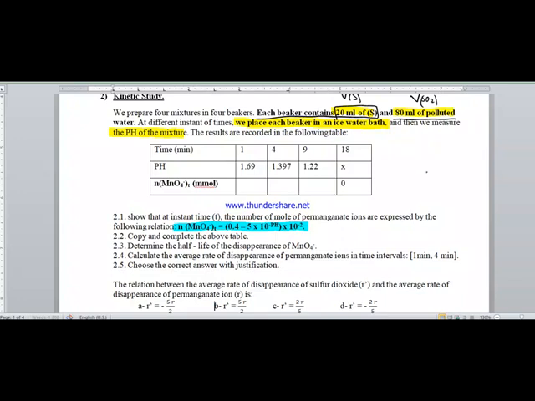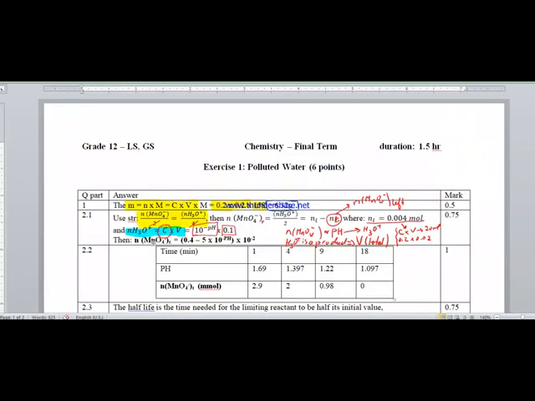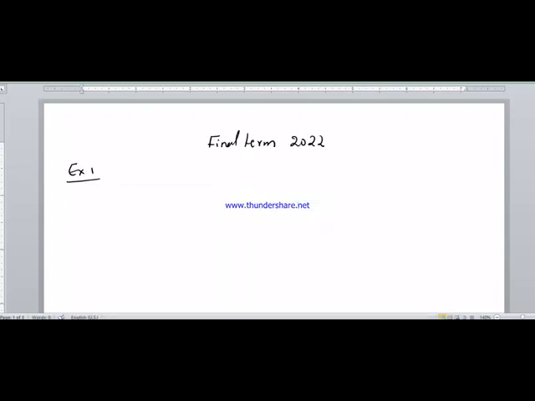Here we obtain the V total for the H3O plus ion that is produced at an instant time. 20 plus 80 is equal to 100 milliliter, which is equal to 0.1 liter. So we replace the volume. Then we can obtain the following relation. A number of moles is equal to 4. I will explain here how I write it.